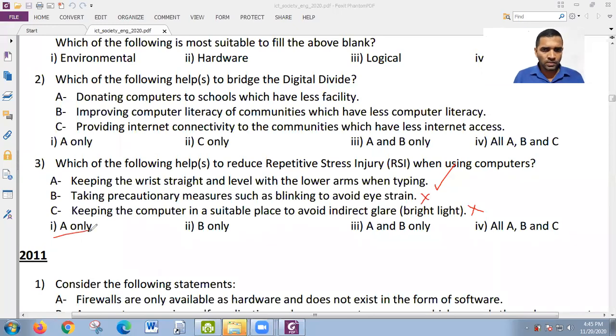But I think that in the past paper, in the scheme, they gave the answer for all the three, A, B, C, because at that time your syllabus wasn't given in detail. These different kinds of diseases were not described. So I think that only RSI was described in that particular syllabus, right?